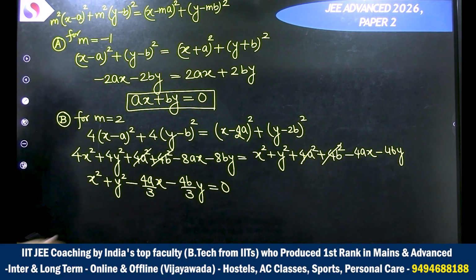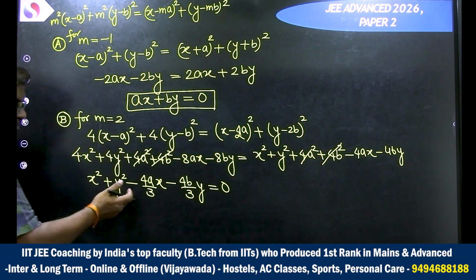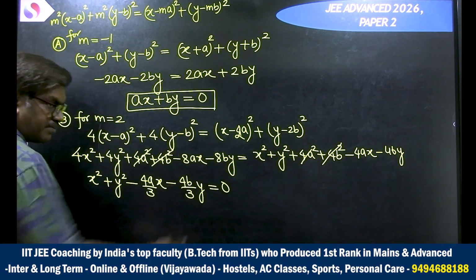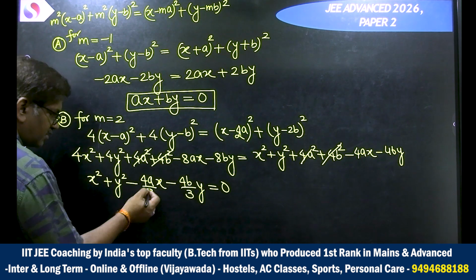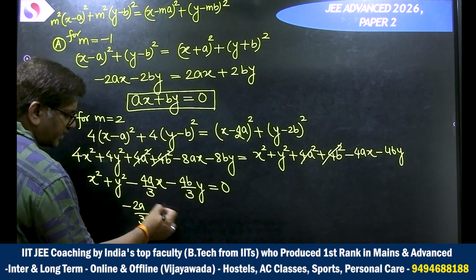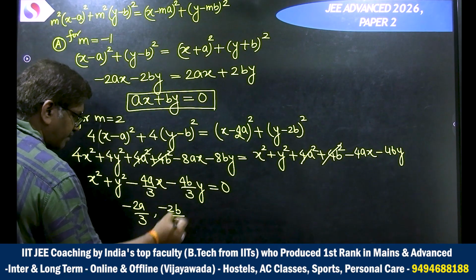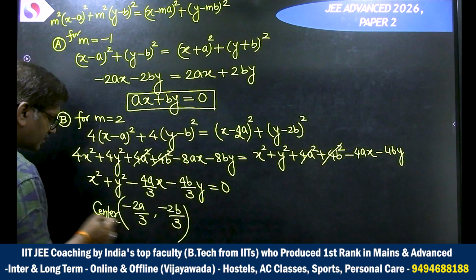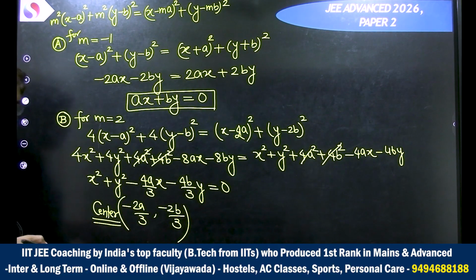Clearly it is an equation of a circle, x square plus y square plus 2gx plus 2fy plus c. So here, what is the value of g? Minus 2a by 3. What is the value of f? It is minus 2b by 3. That means this is the center of that circle. Locus is the circle whose center is minus 2a by 3 and minus 2b by 3.